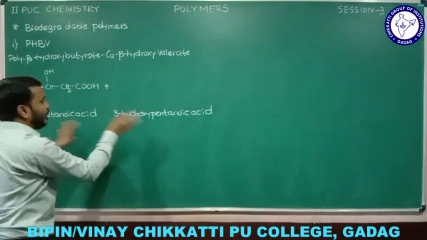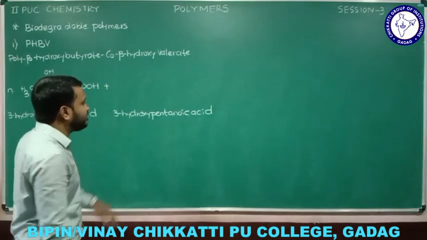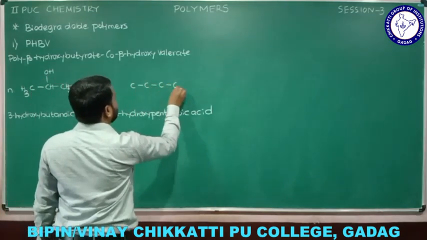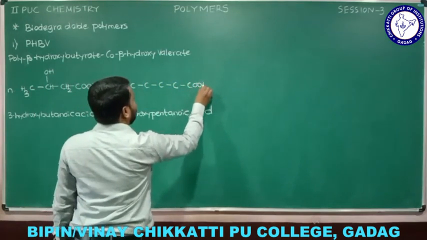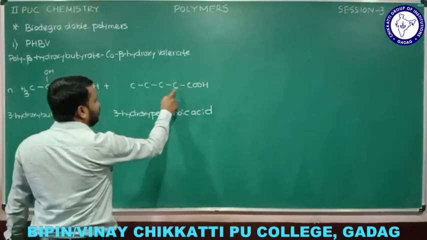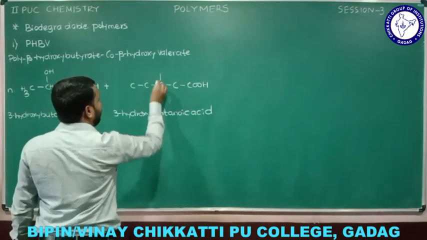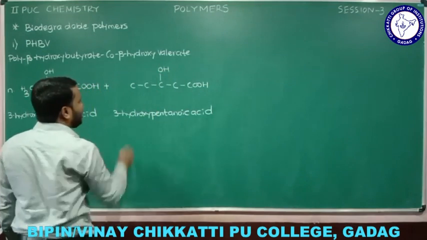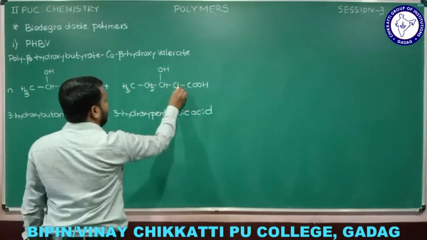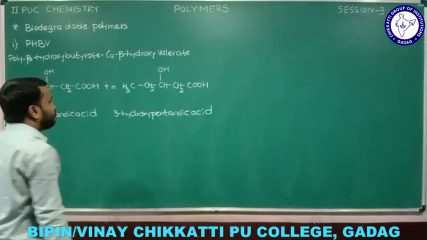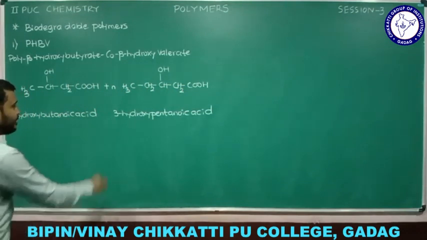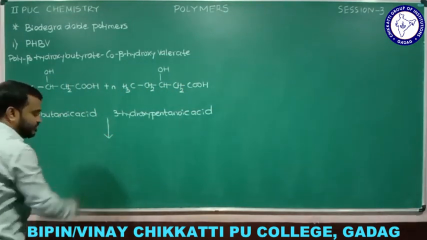When it reacts with one more monomer, what is that? 3-hydroxy pentanoic acid, and here we have 5 carbons, pentanoic acid, with COOH, 3-hydroxy: 1 2 3. We have to start numbering from the functional group, and balance with the hydrogens, CH2 and H and CH2, n amount of this. So these two are the monomers. If we are asked to name the monomers, only write the names. No need to write the complete structure of that one.